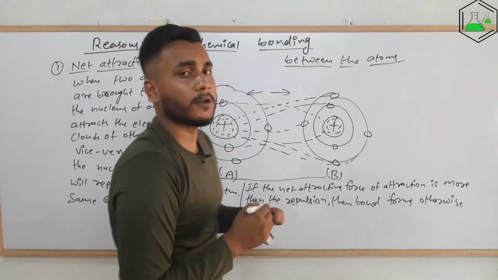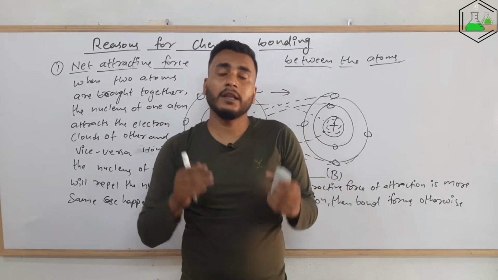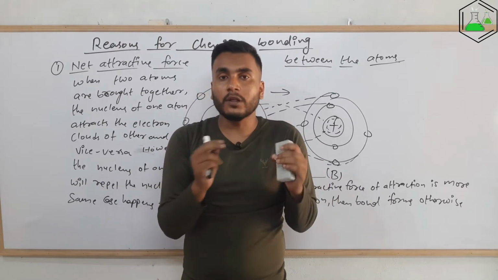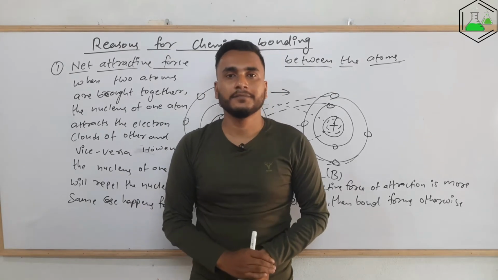Otherwise the bond will not form. So this is the first reason for the formation of bond, that is the net force of attraction between the molecules. Let's see the second reason.